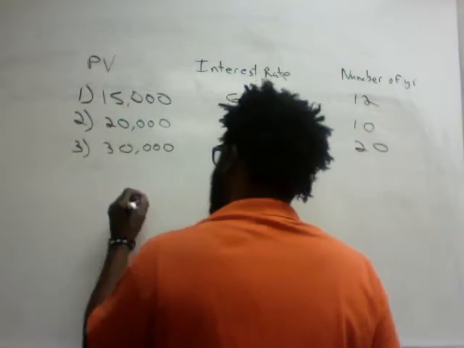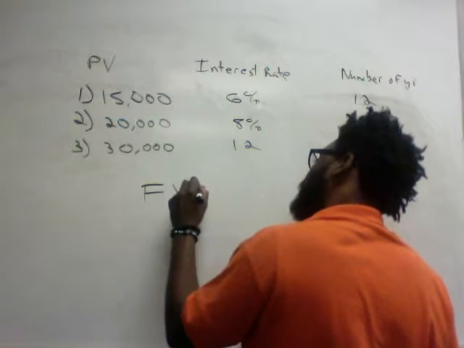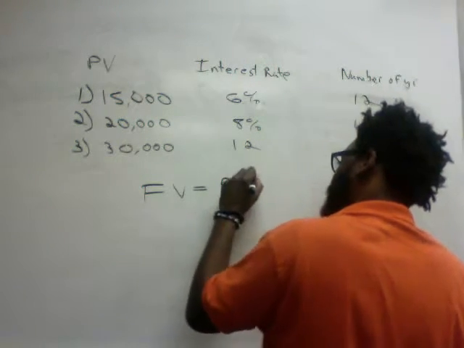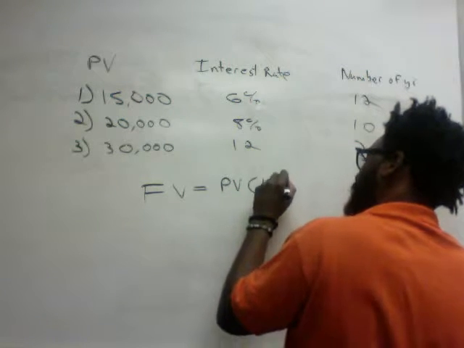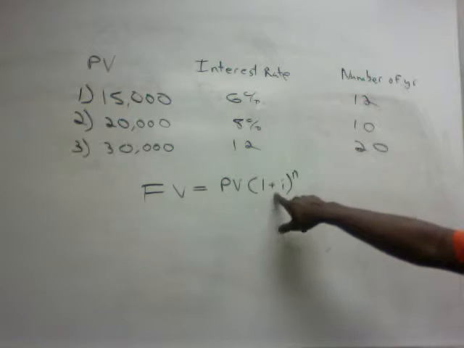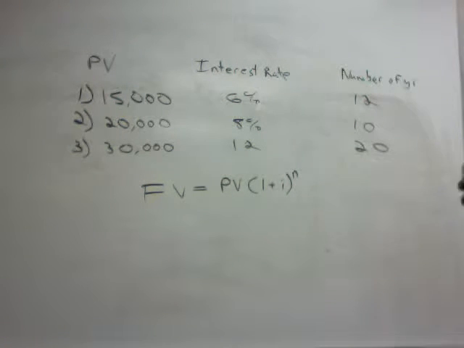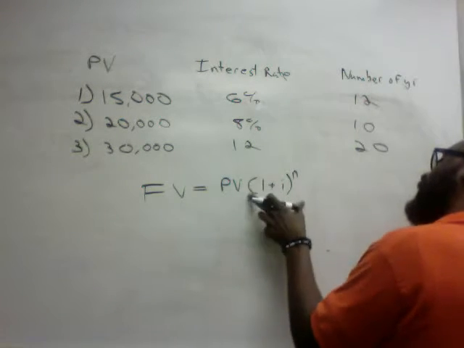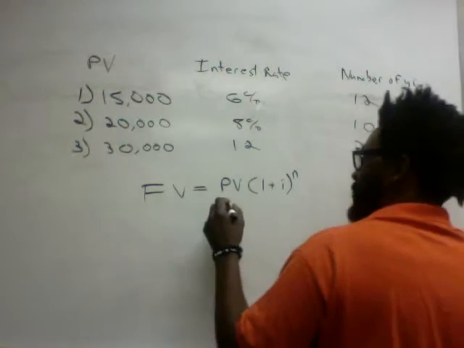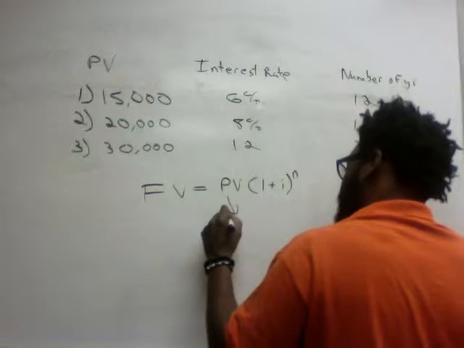Okay? So let's talk about the formula, the good old-fashioned formula. Future value is equal to present value times the quantity 1 plus I to the n power. So it's the present value times the quantity 1 plus I to the n power. PV obviously means present value.